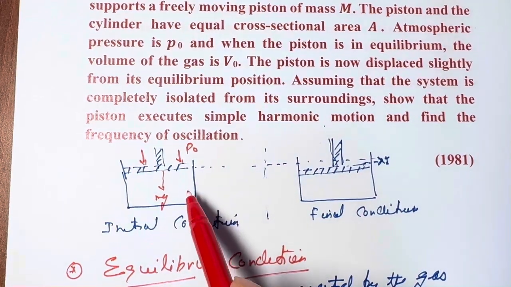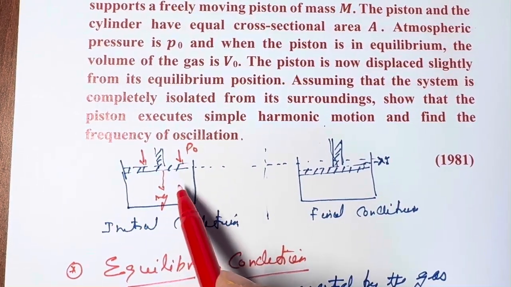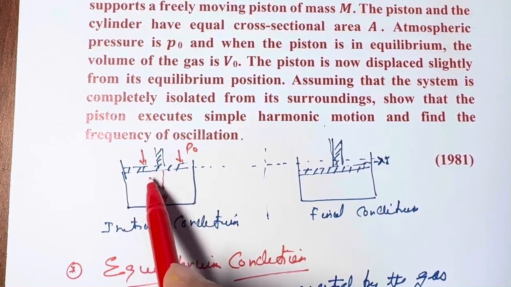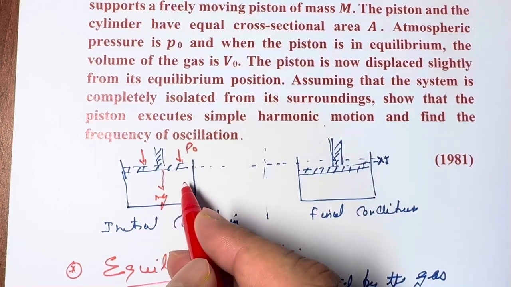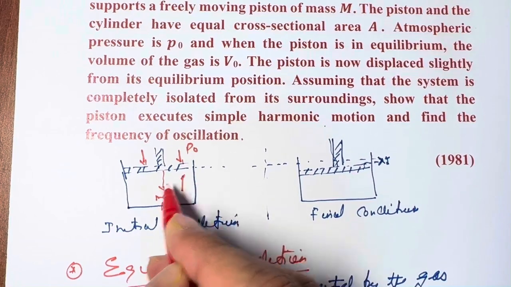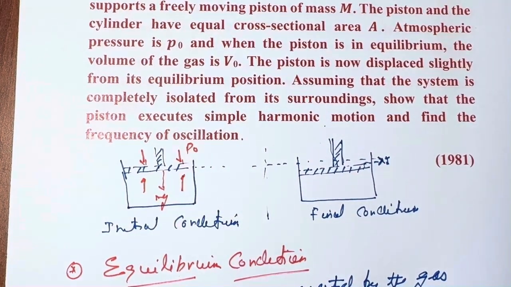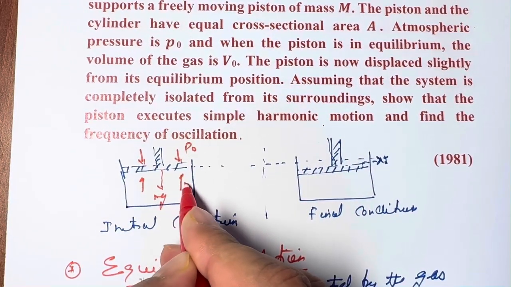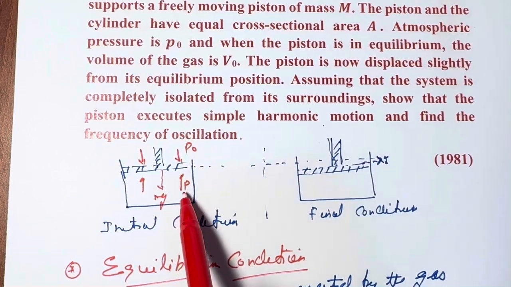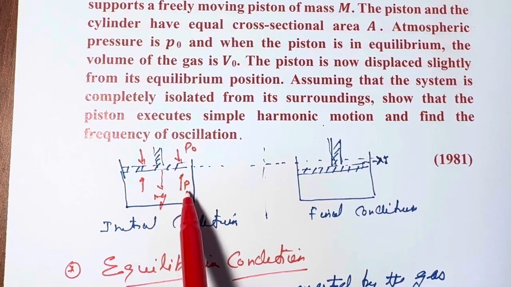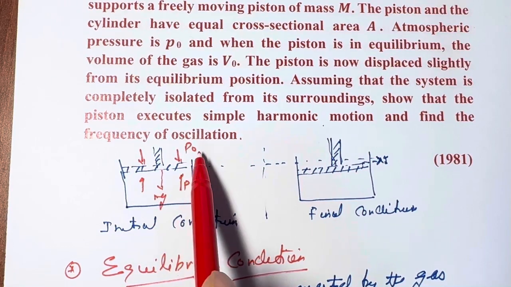The upward force will be because of the pressure exerted by the gas inside the cylinder. Let that pressure be P. So P is the pressure because of the gas, P naught is the atmospheric pressure, m is the mass. So P multiplied by A will be balanced by P naught multiplied by A plus mg.